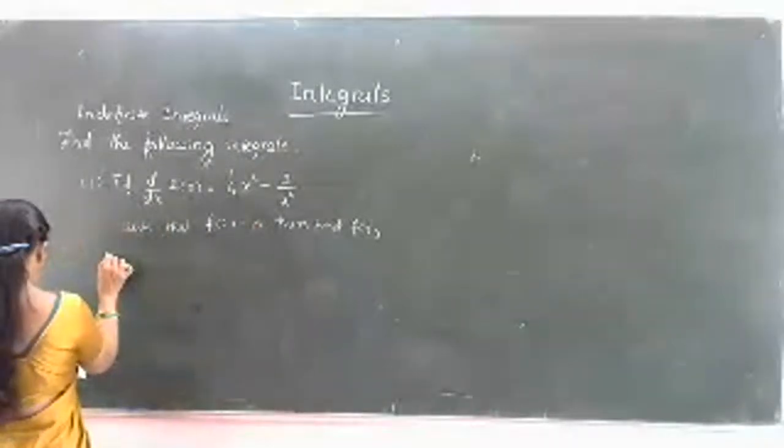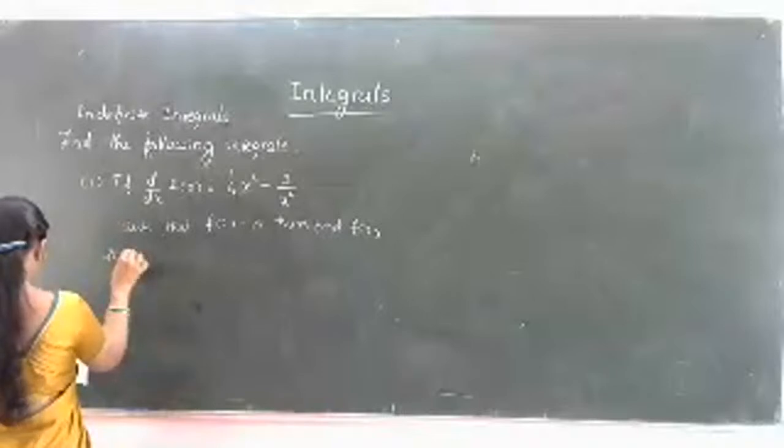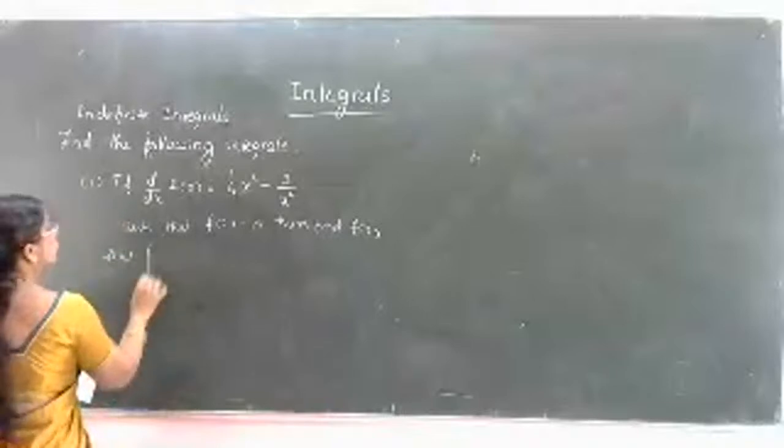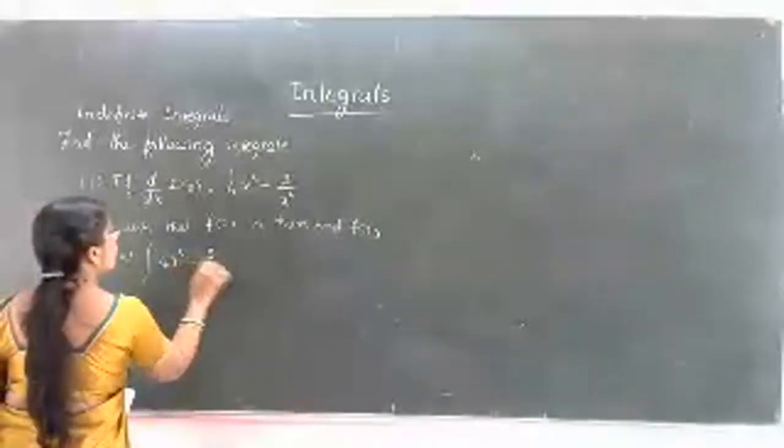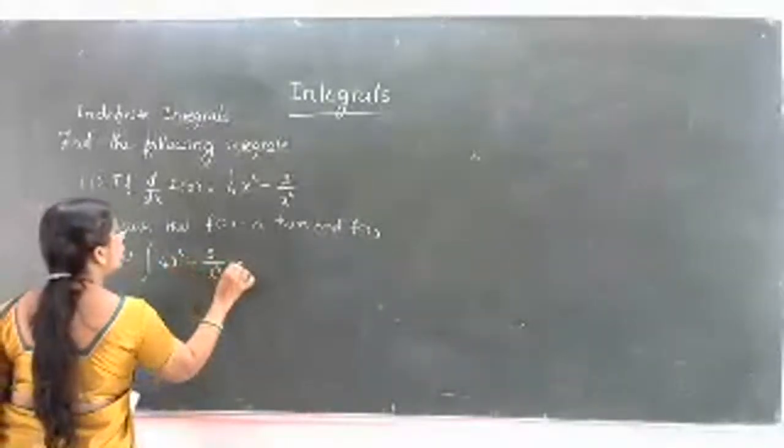First we find f of x by integrating the derivative, (4x cube minus 3) by x to the power 4 dx.